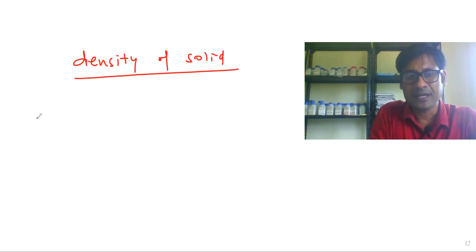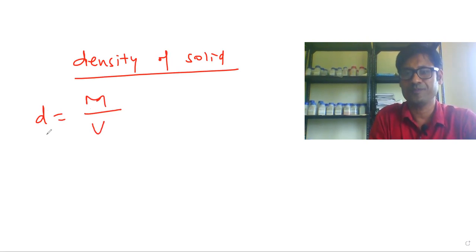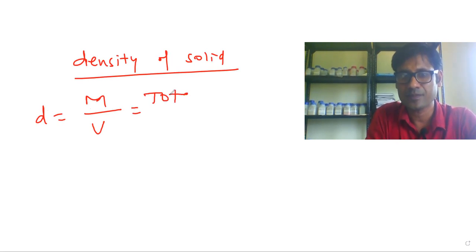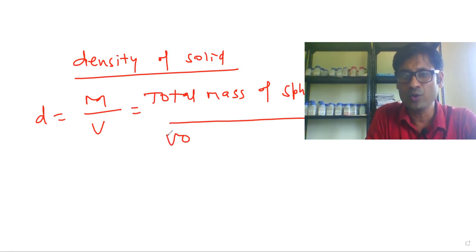We know that density is equal to mass upon volume. Mass means total mass. Total mass of sphere or atom divided by volume of unit cell.